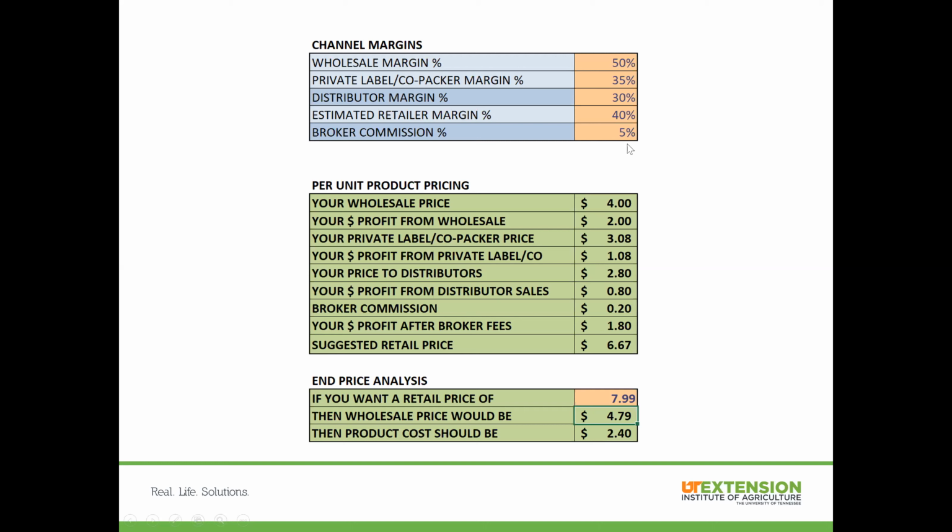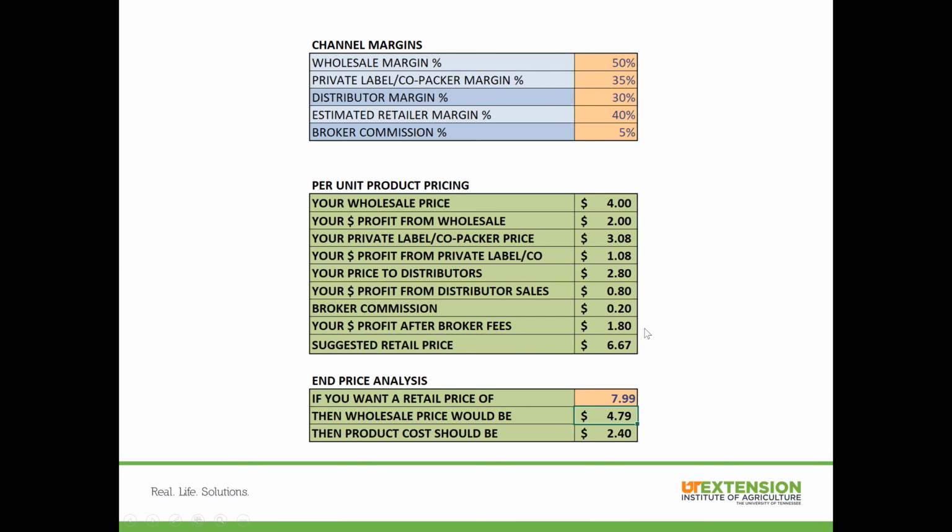If we pay a broker on commission of say 5%, then our broker commission would be 5% of the wholesale price, which would be 20 cents. And our profit after the broker fees were considered would be $1.80.